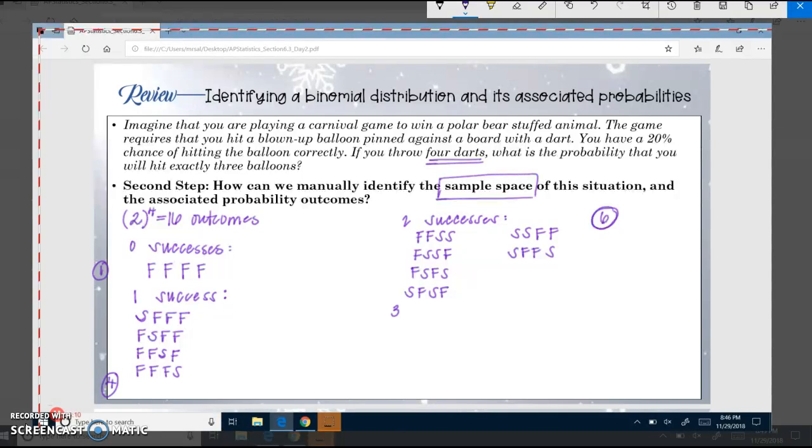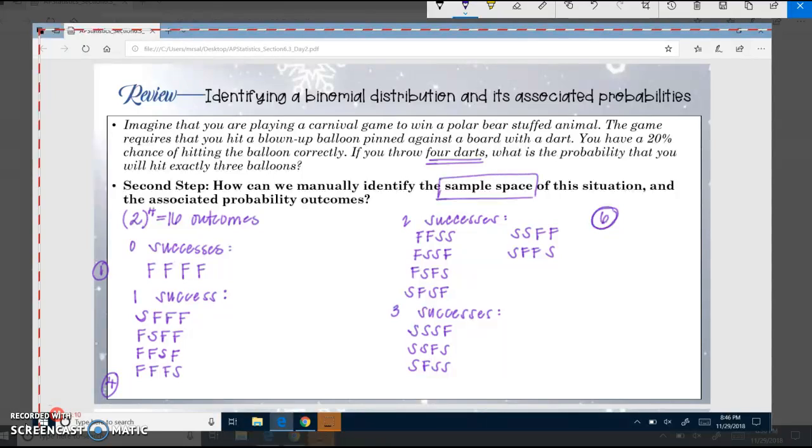Then when it comes to 3 successes, we're going to have 4 different possible outcomes of how that could happen. So we can have a success, and a failure. We can have a success, a failure, success, failure, success.